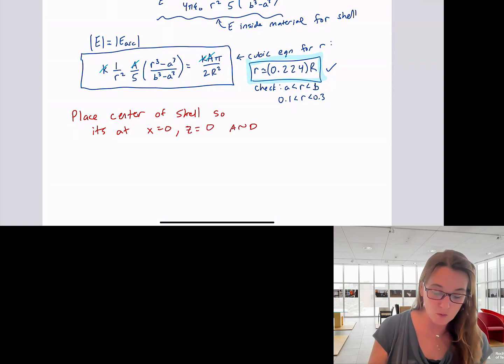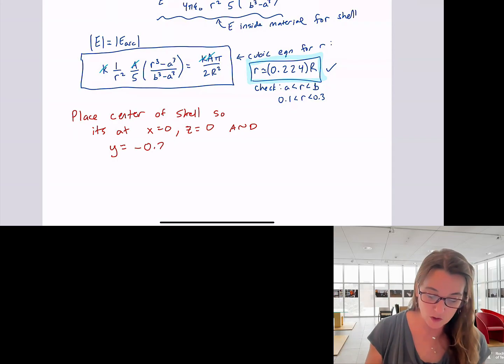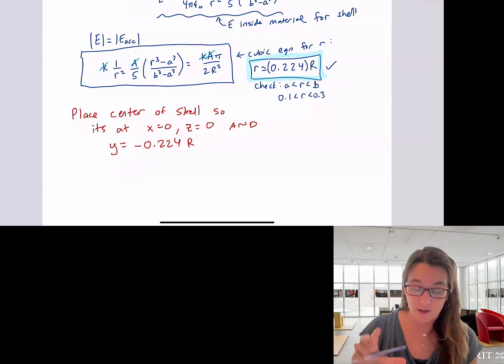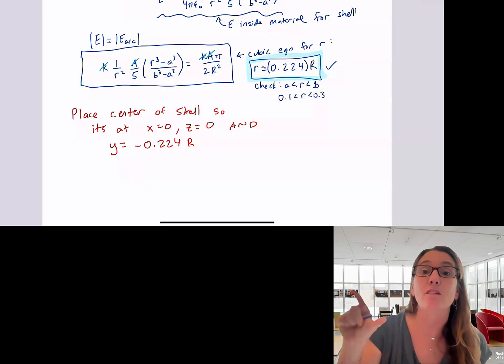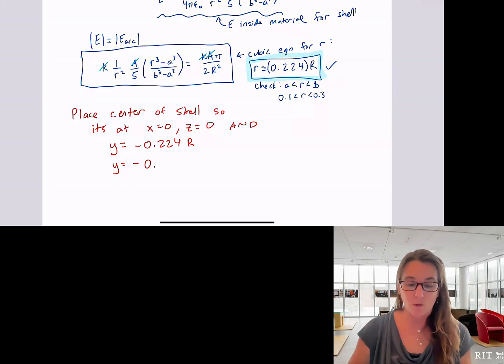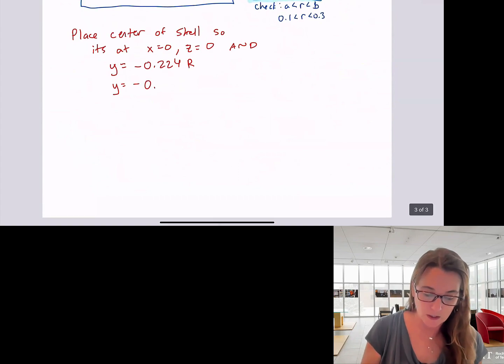And then these two y values: y equals negative, remember we're placing it below, so negative 0.224 R. That is when it's going to be canceling out the electric field in the middle of the material. And then this other result, which was also when we placed it below, and that one was 0.36 R.